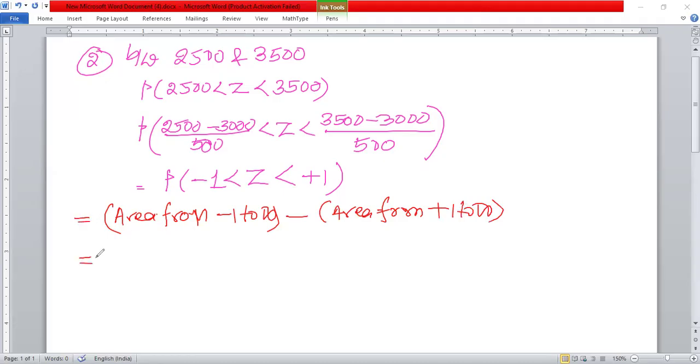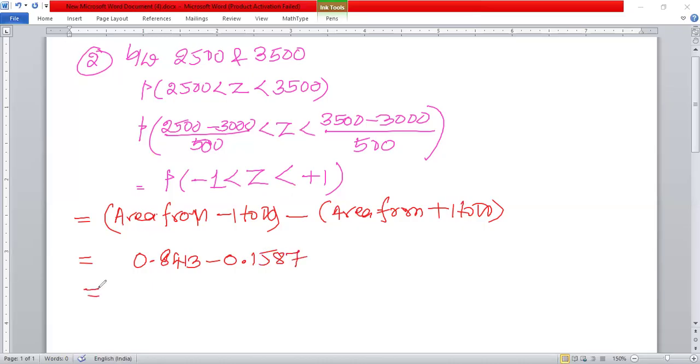So area from minus 1 is 0.8413, minus plus 1, which is 0.1587.